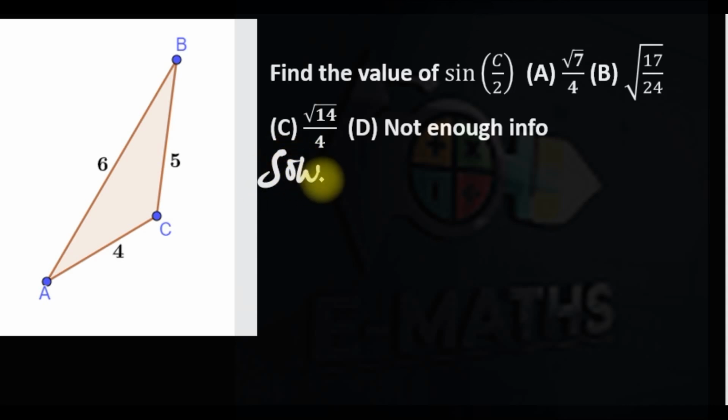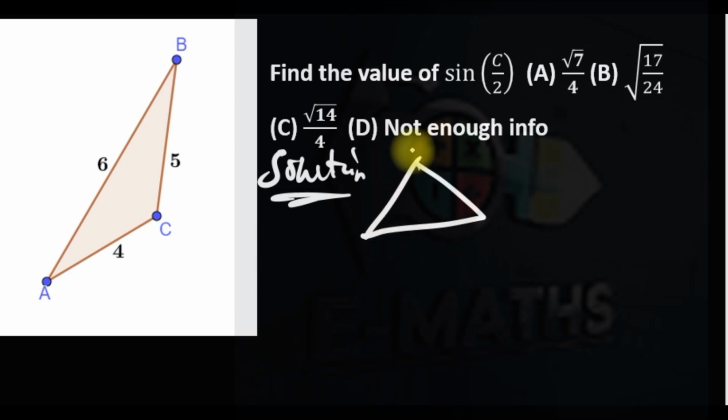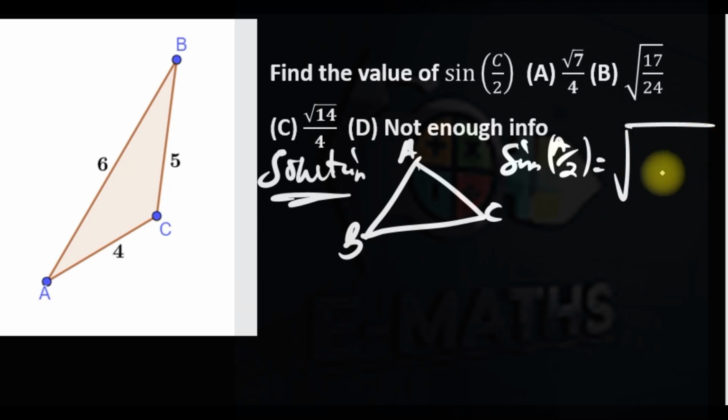So whenever we are given any triangle, let's say triangle A, B, C, to find sine half A is equal to square root of, since I have A here, we have x minus B times x minus C over BC.